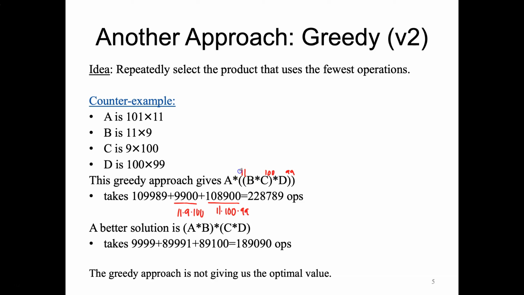And now that we have this matrix, this is an 11 by 99 matrix, and we're multiplying that with A, which is 101 by 11. So how we got this first number was a product of those dimensions again: 100 times 11 times 99. And we add them together because we had to do each of these matrix multiplications.